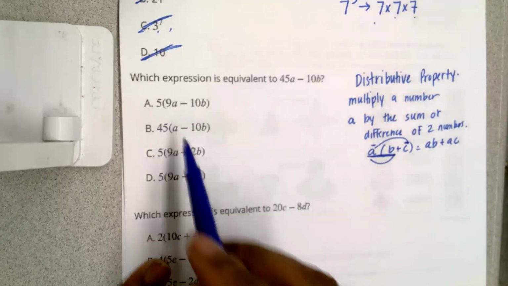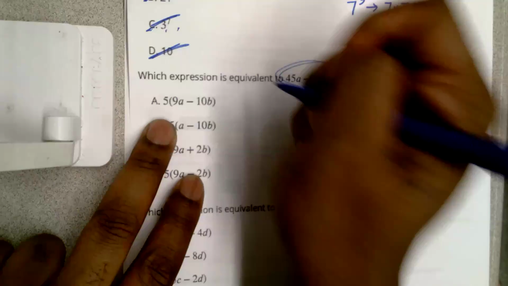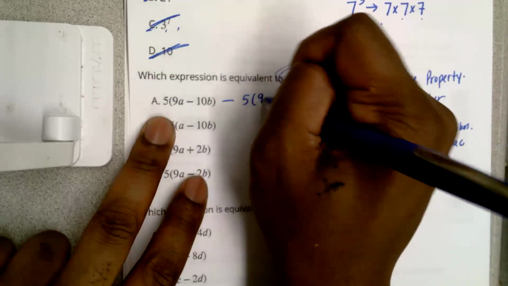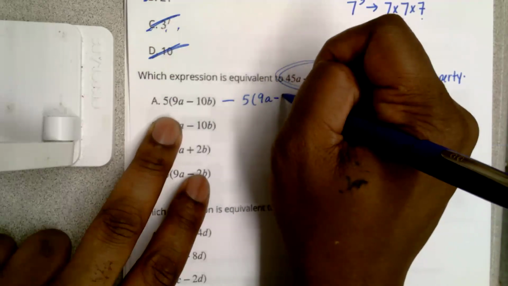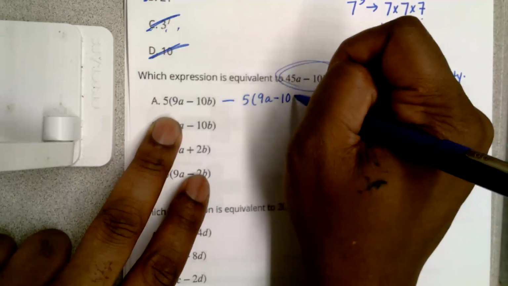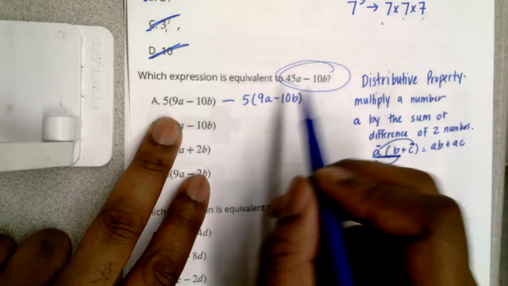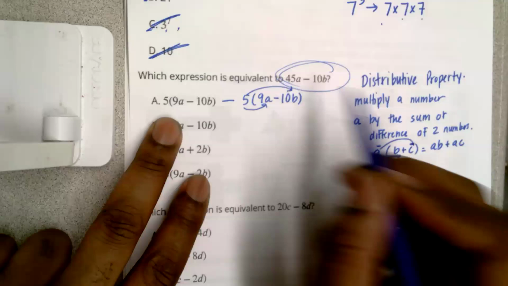So we're going to practice distributive property to see if we can find our answer. So this says 5 groups of 9A, the difference of 9A and 10B. We're going to distribute that 5 into 9A, and then we're going to distribute that 5 into 10B.